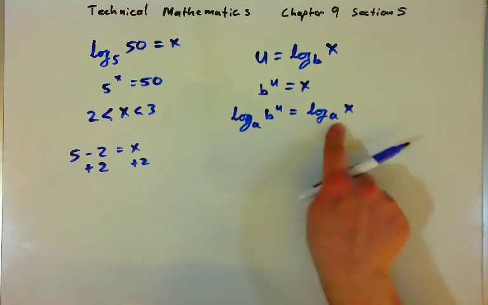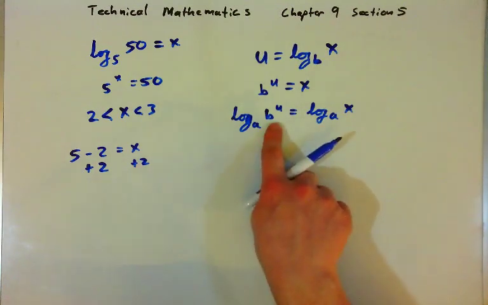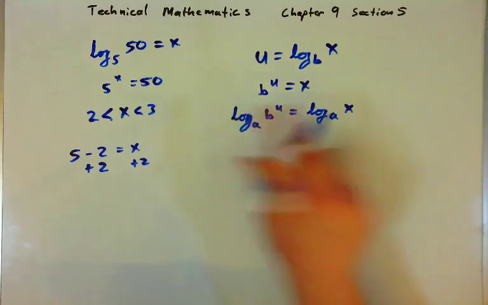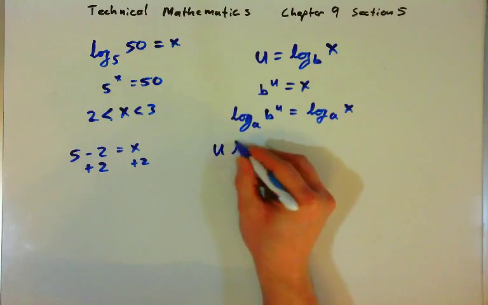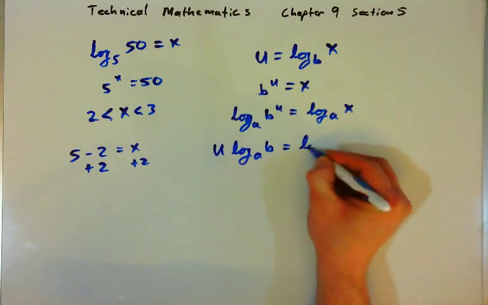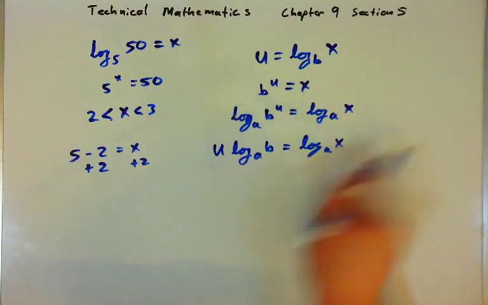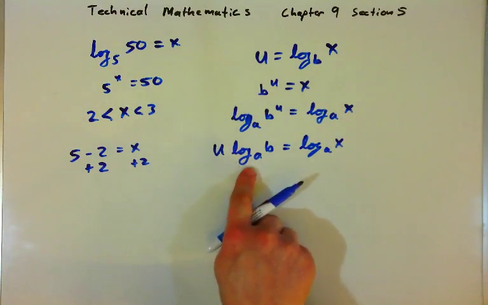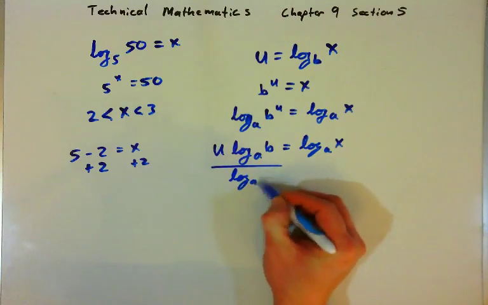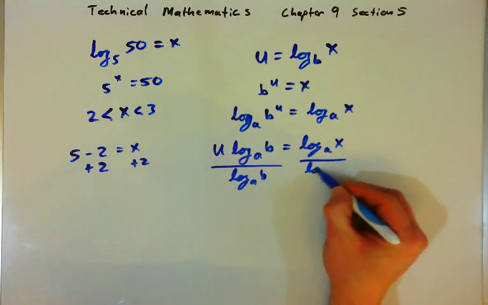And it doesn't matter which one it is as long as it's the same. And so now we can apply some of the rules of logarithms. u is the exponent. We can bring that out as a multiplier. So this becomes u log base a of b is equal to log base a of x. And so u is being multiplied. We can divide both sides of the equation by log base a of b.